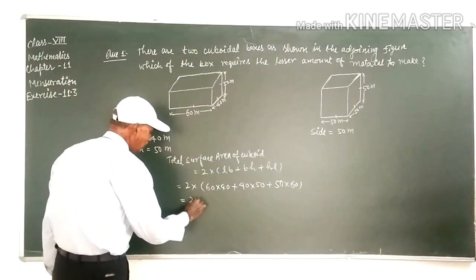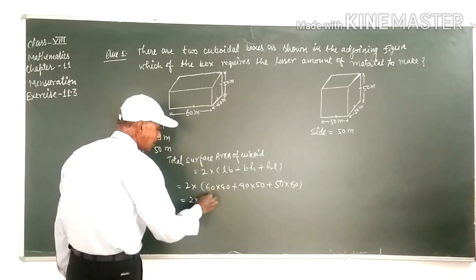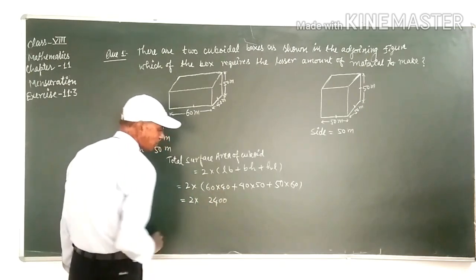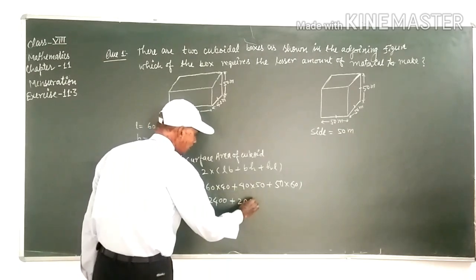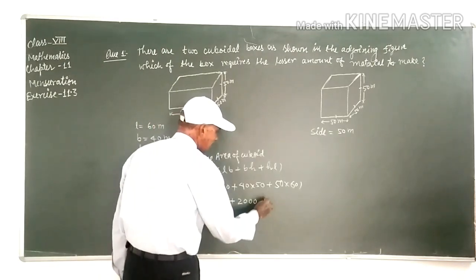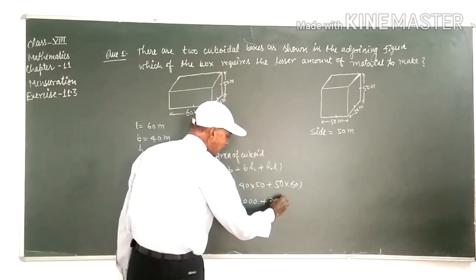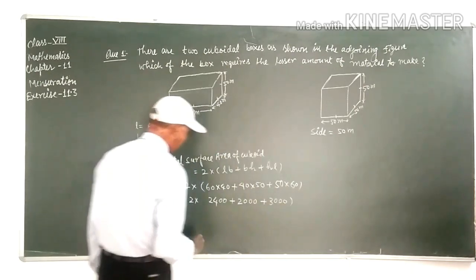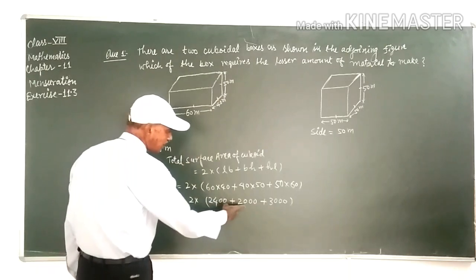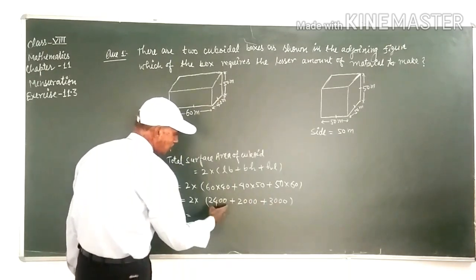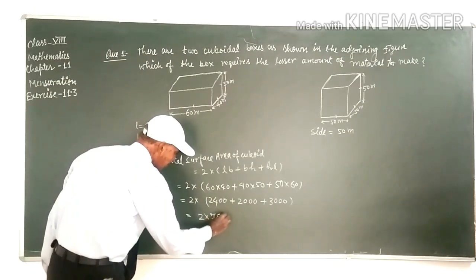Now this one will be 2 into (6 times 4 is 24, followed by 00, that is 2400, plus 4 times 5 is 20 followed by 00, that is 2000, plus 5 times 6 is 30 followed by 00, that is 3000). Now it will be 2400 plus 2000 plus 3000, that is 7400.